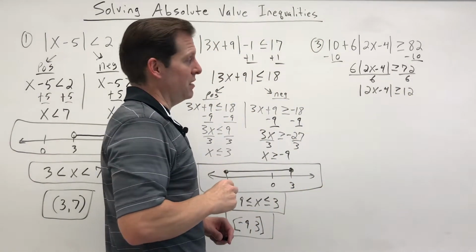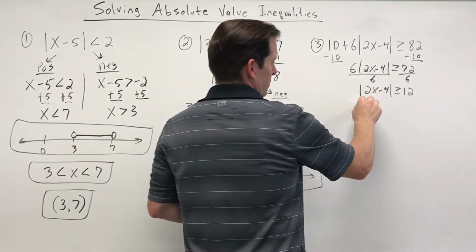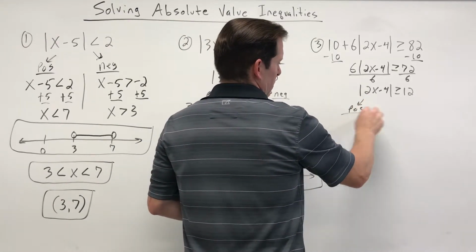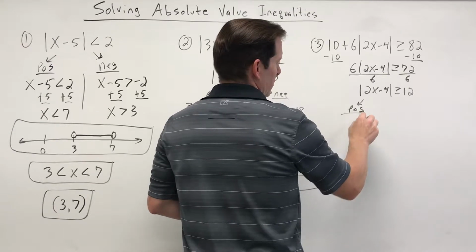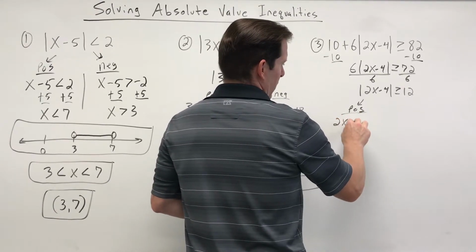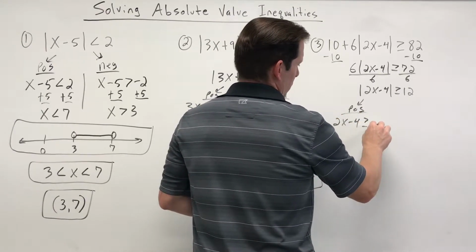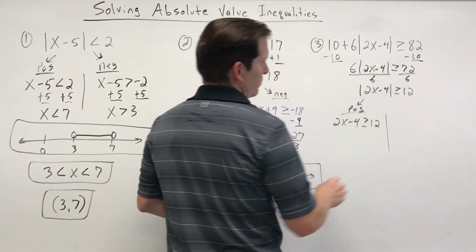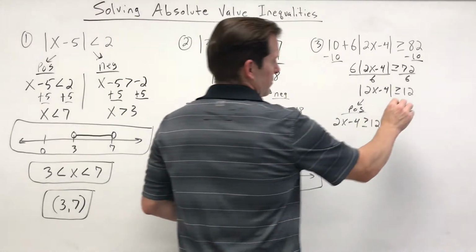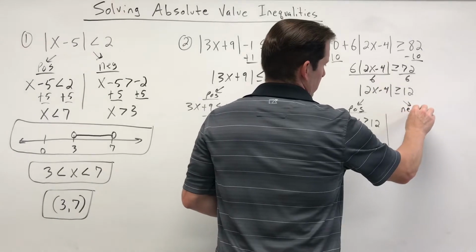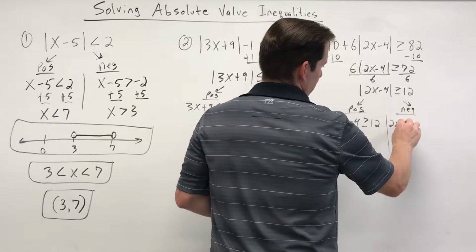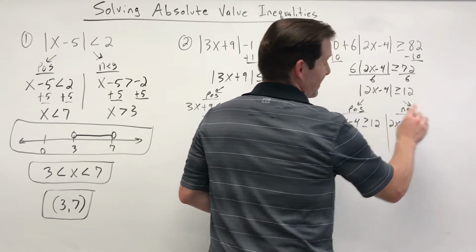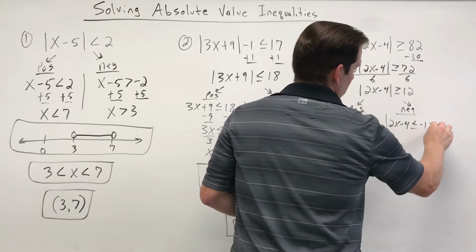Now I can go ahead and set up my positive and negative case. So for my positive, I wind up with 2x minus 4 is greater than or equal to 12. And then for my negative, I get 2x minus 4 is less than or equal to negative 12.